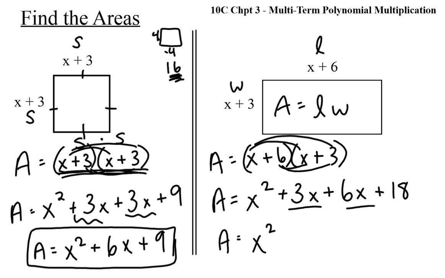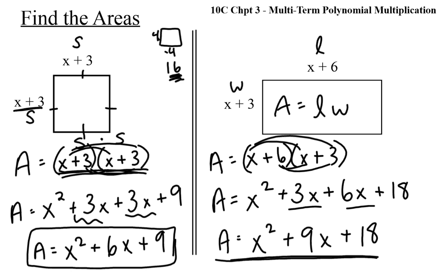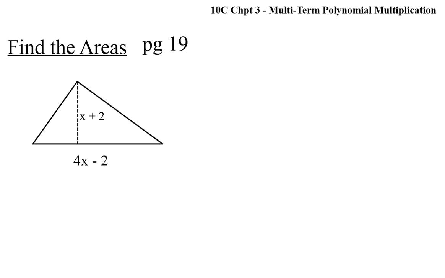Combine your like terms. Always look for that to finish. And there you have the area of that rectangle. Areas can be calculated with polynomial expressions. Is it realistic? Nah, probably not. But it's a way to incorporate math concepts to get you thinking.